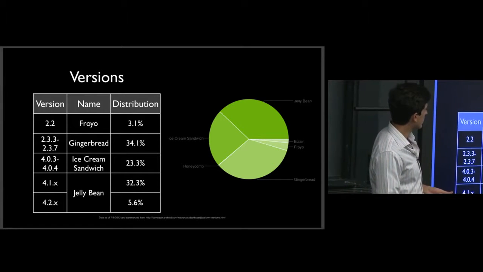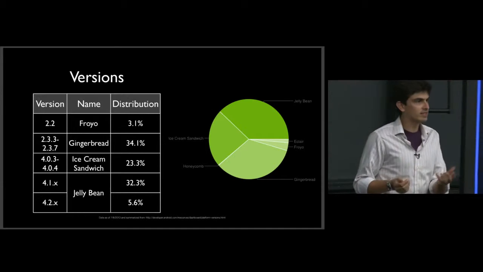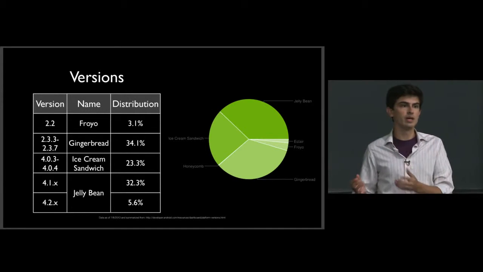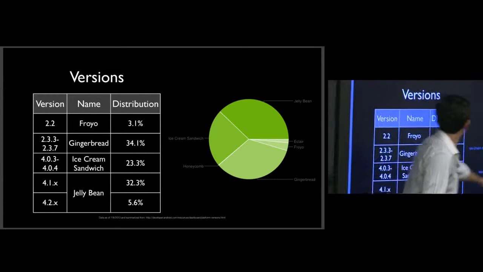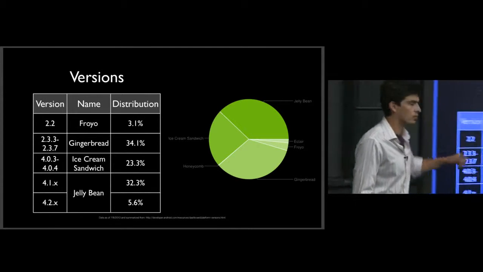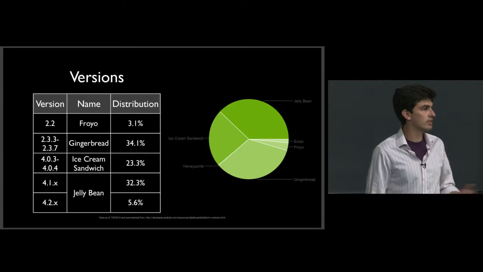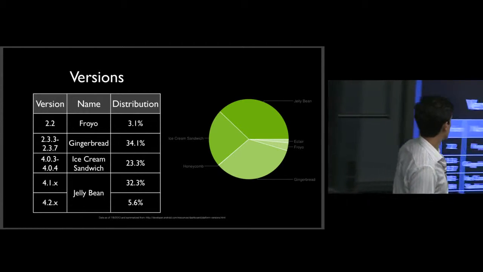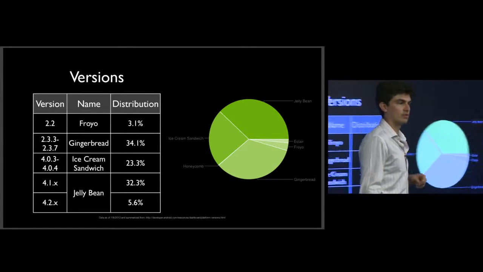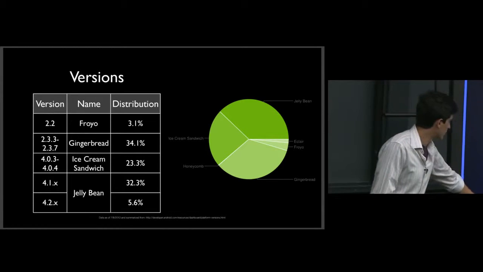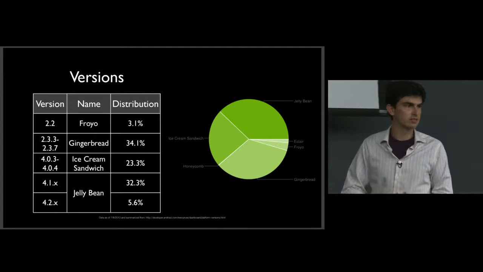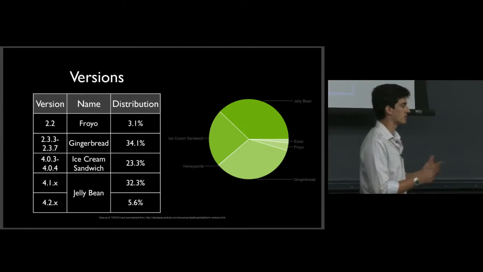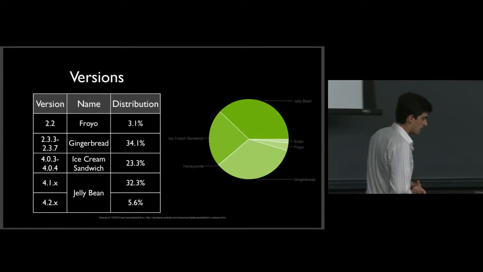As we can see, there's no one slice of this pie that makes up the majority of the devices. It runs the gamut from Gingerbread, which is version 2 of Android and now several years old, all the way up to Jelly Bean, versions 4.1 and 4.2. There's an even newer version, 4.3, but I'm not sure any devices have been released with it, or that it's actually been released at this point.